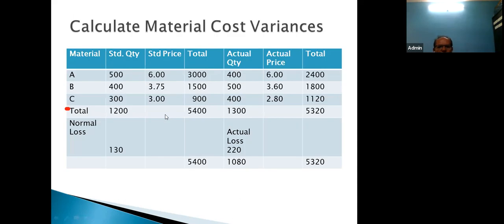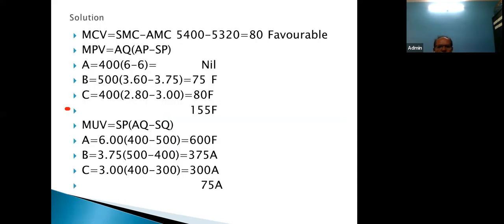So the difference for C material is 0.20 multiplied by 400, 80, which is favorable. In all, for this A, B, C, I have taken the total of 75 plus 80. So the total for material price variance is 155 F.